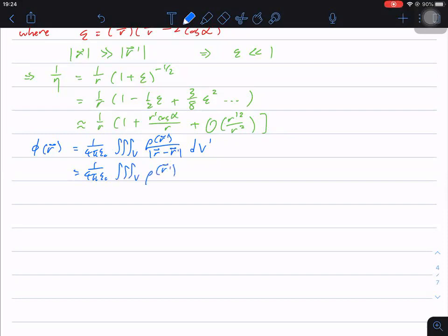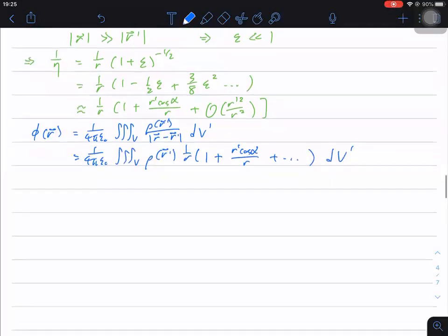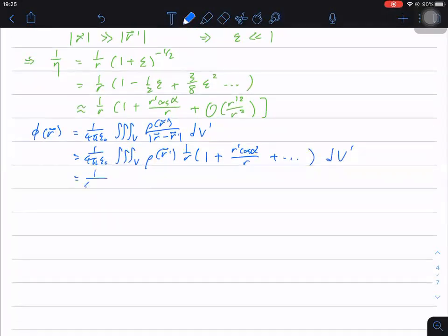What we have is the charge distribution multiplied by 1 over r times 1 plus r prime cosine alpha over r, and then all the higher order terms. Then we separate this into two terms.